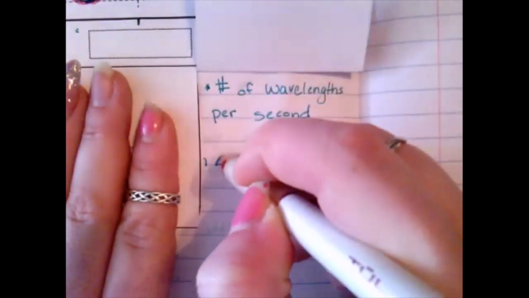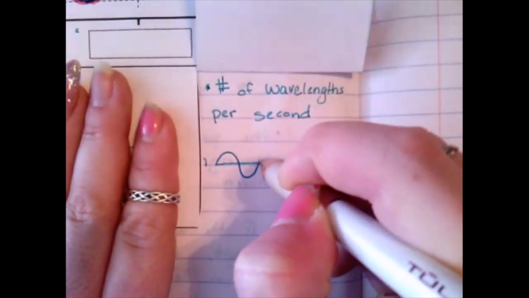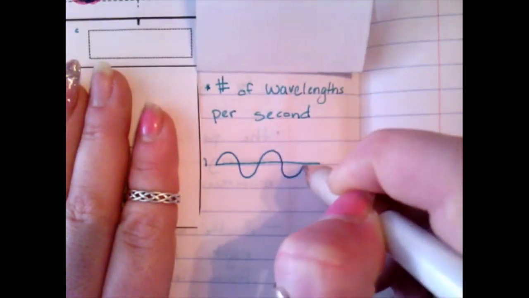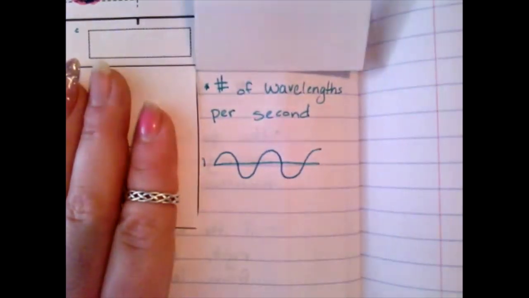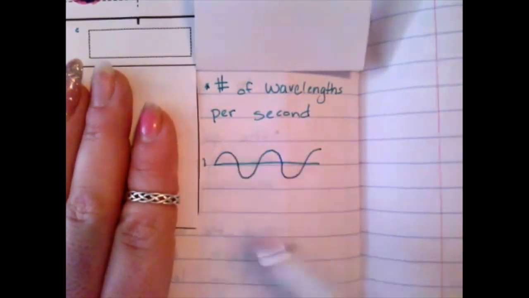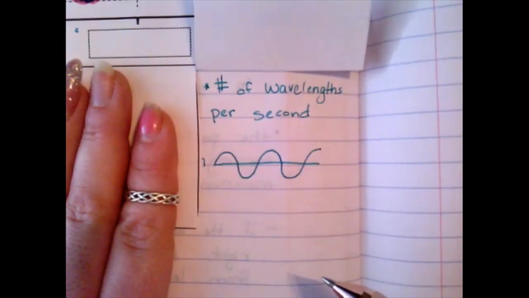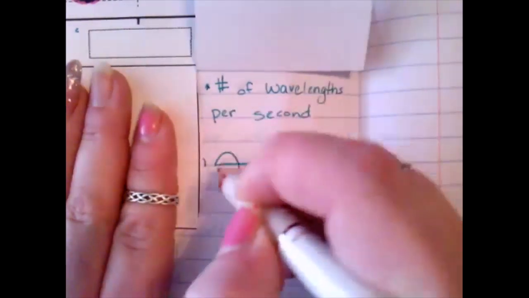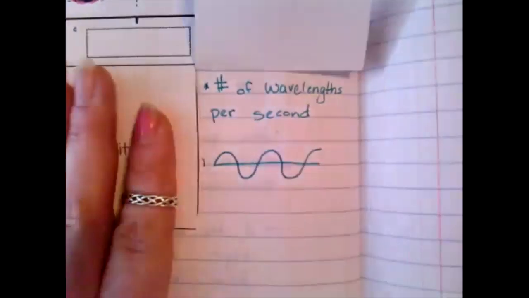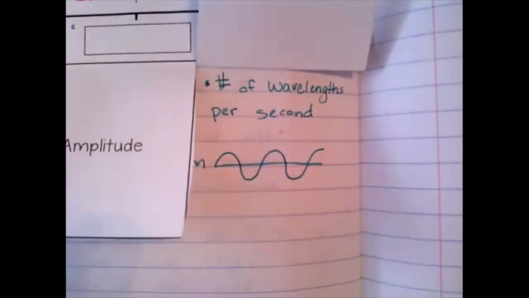So again, we have a transverse wave. We are looking for the number of complete crests and complete troughs. So you have to have one complete crest and one complete trough in a wavelength. If we're looking at this, I'm going to do it in a slightly different color so we can see.